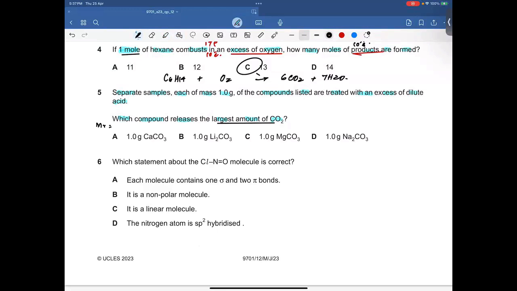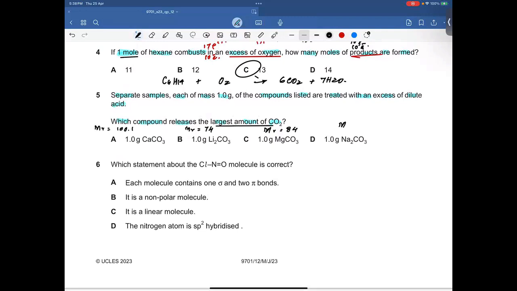I think the MR of calcium carbonate is 100.1. The MR of lithium carbonate is 74. The MR of magnesium carbonate is, I believe, 84. And the MR of sodium carbonate is 106. Okay.